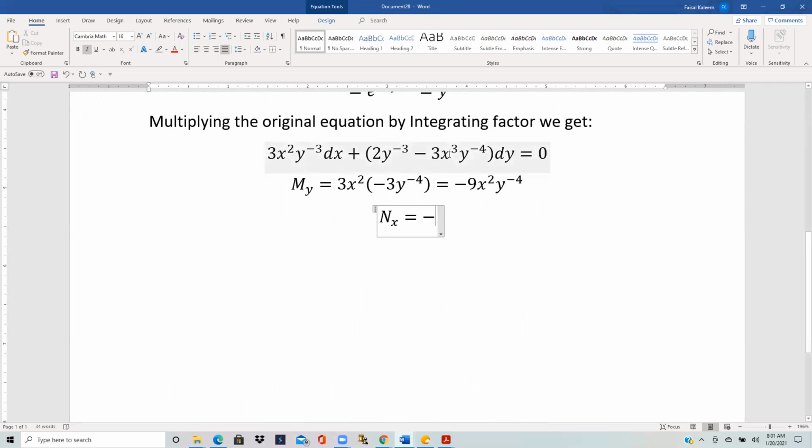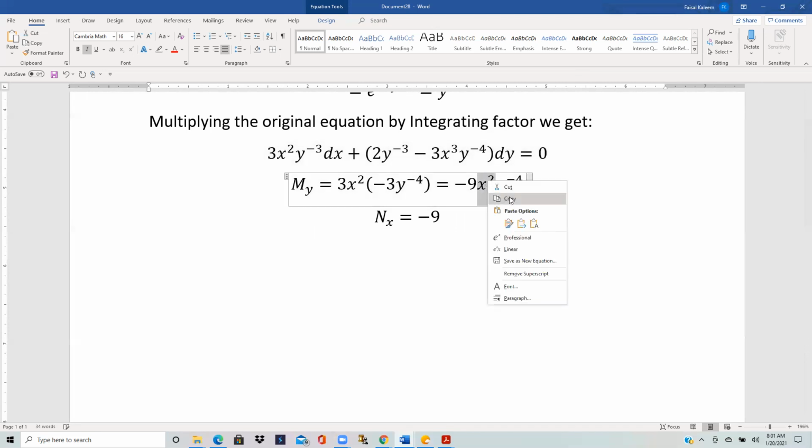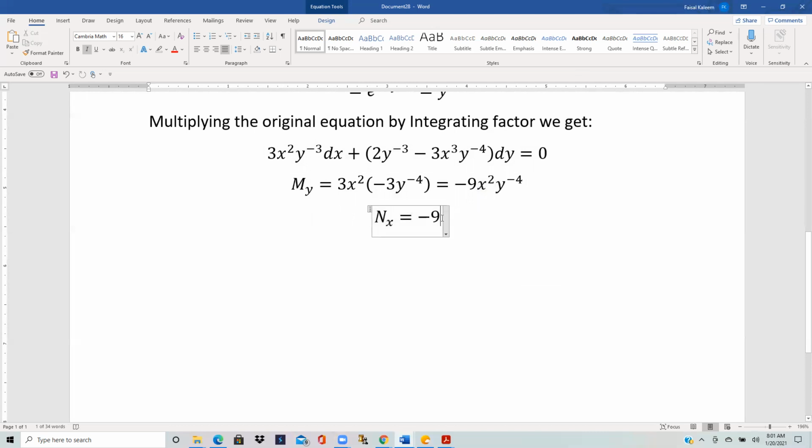And then the derivative of 3x cubed is 9x squared. And then y to the -4 is just a constant, so that just stays like it.